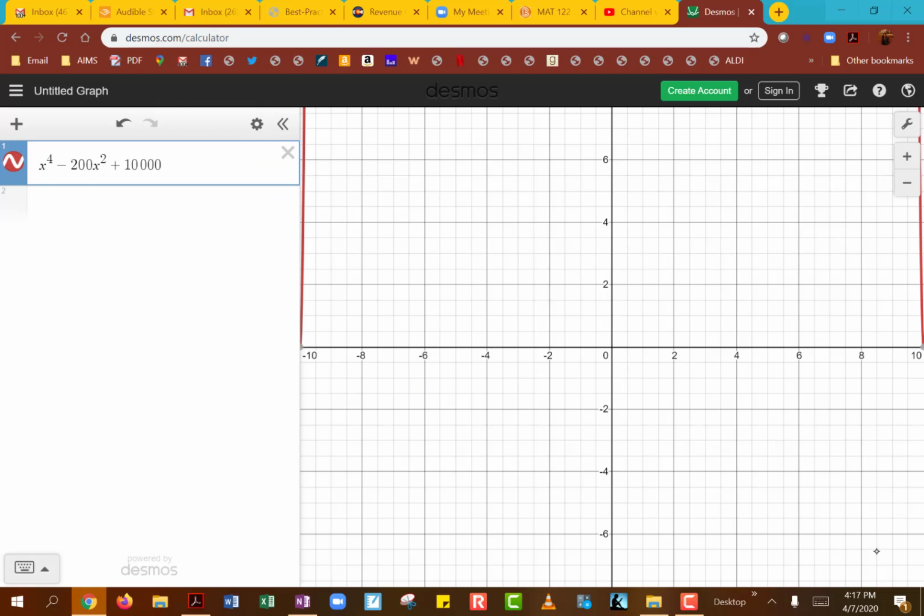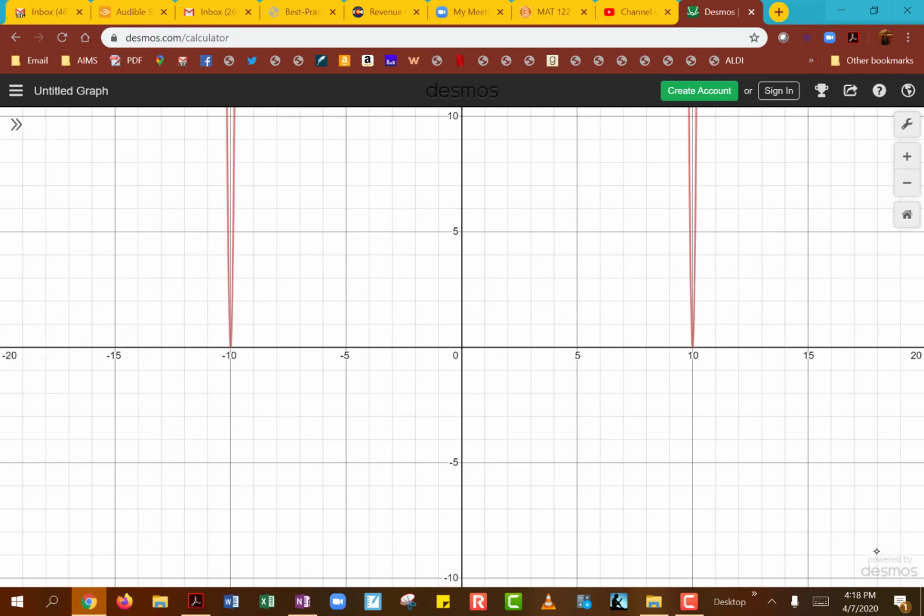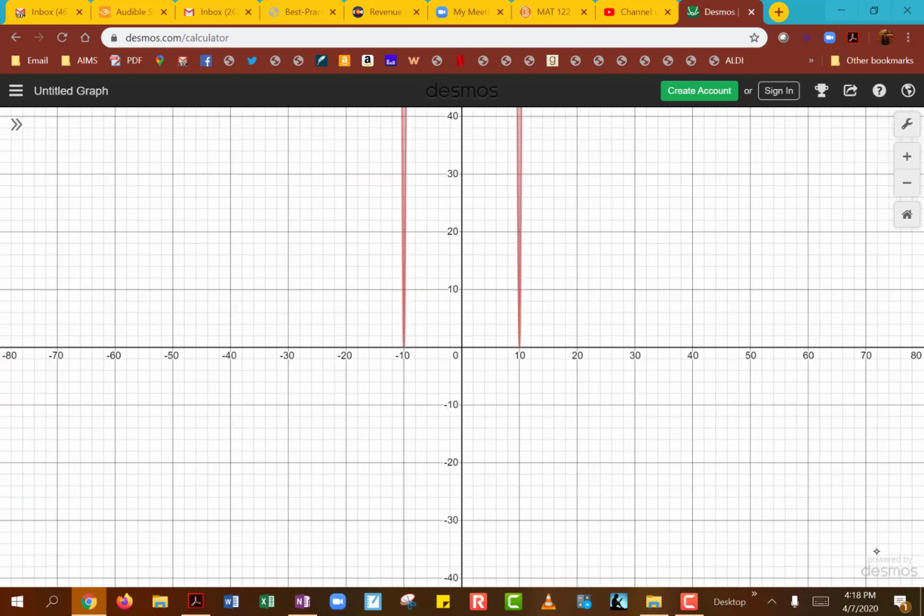Okay, so here we are in our Desmos calculator, and as you can see, this is our function, x to the 4th minus 200x squared plus 10,000. Let me close this window, and you can't even see the graph right now, right? Okay, so let's bring this in a little. So this is our negative 10 and positive 10, where our graph touches the x-axis but does not cross. But if I keep zooming out, I am still not seeing, because I still haven't made it to 10,000, where my graph is crossing the y-axis.